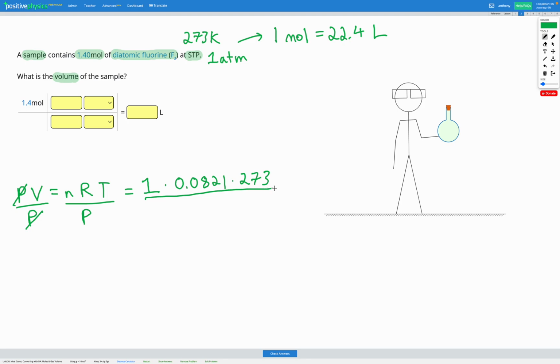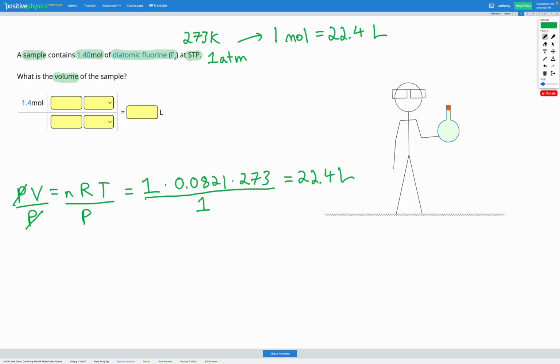And then we're going to divide by the pressure, which at STP is 1 atm. If we put those numbers into our calculator, we get out 22.4 litres. So using the ideal gas law, we find that at 273 Kelvin and 1 atm, 1 mole of gas has a volume of 22.4 litres.